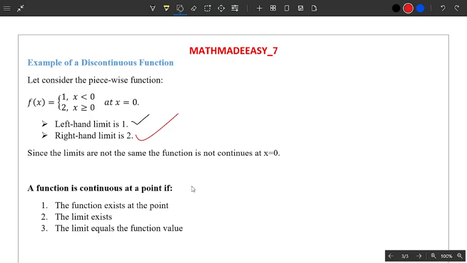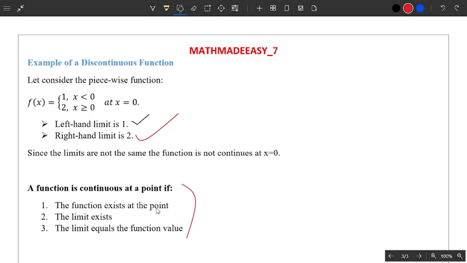So the function is continuous at a point if we remember the conditions that must be satisfied. One, the function exists at the point; two, the limit exists; and three, the limit equals the function value.